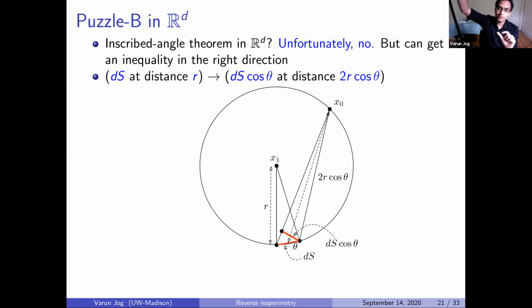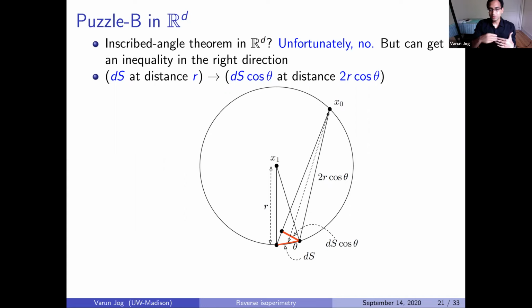If you're looking from x0, there are 2 things that happen. One is that small region of the boundary is at a different distance away from you. And also you're no longer looking at it perpendicularly. So what you see is a projection of the original shape. And both of these affect the solid angle.